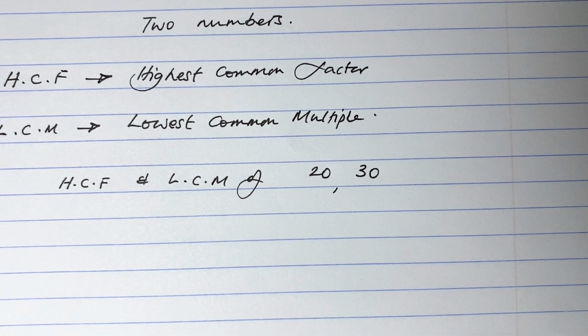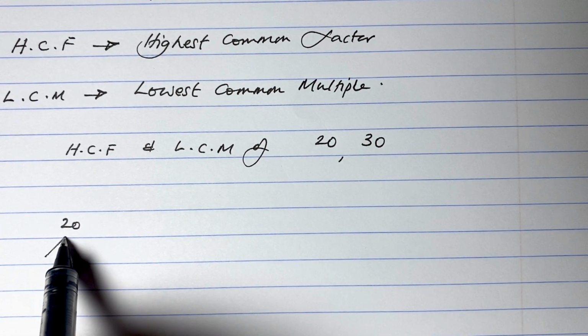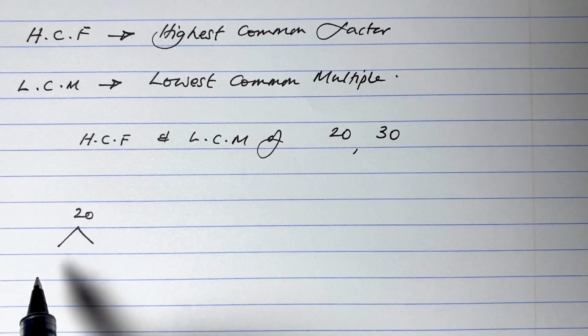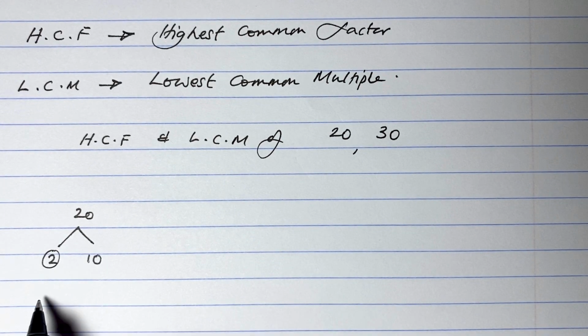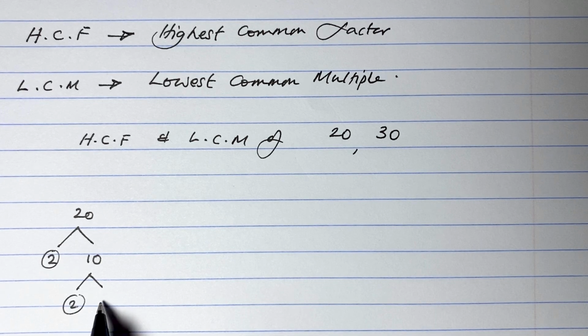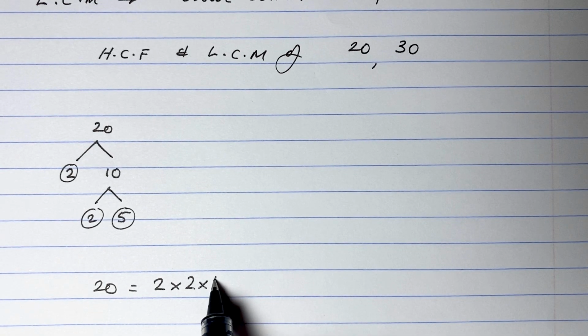As I've shown you before, we need to break this down into prime factors. 2 and 10, of course 2 is a prime number, 10 is 2 and 5, both prime numbers. So 20 equals 2 times 2 times 5.